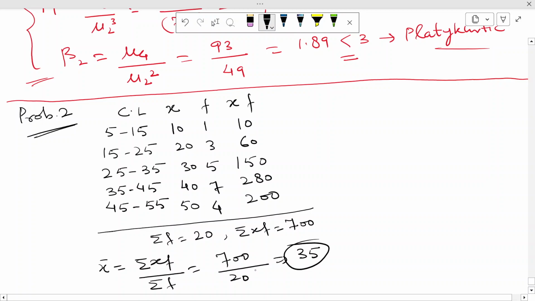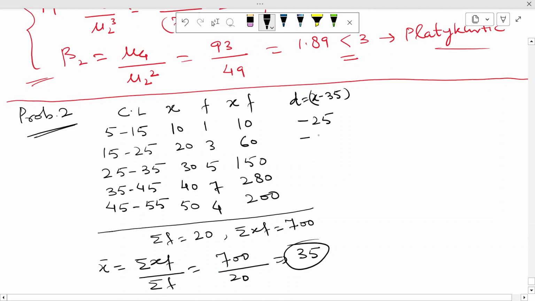As long as our mean is a whole number, we can directly calculate our central moments. So for that we take the deviation about this exact mean, which is 35. The first value of x is 10, so when you subtract 35 from 10, you get minus 25.